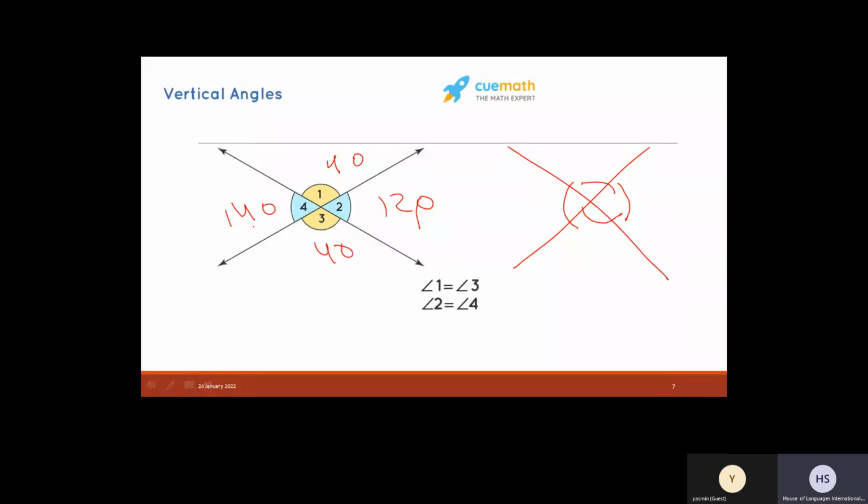Because they are opposite, they will be equal. And if they are equal, later on we will say they are congruent. But this is for the first. Examples: if 1 is 40, 3 will be 40. If 2 is 140, 4 will be 140.